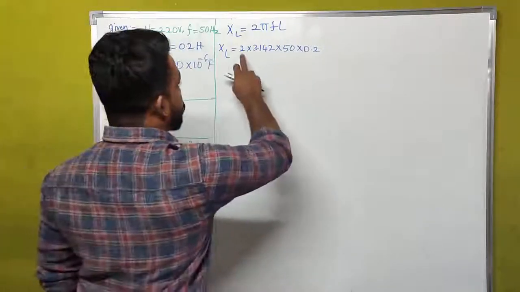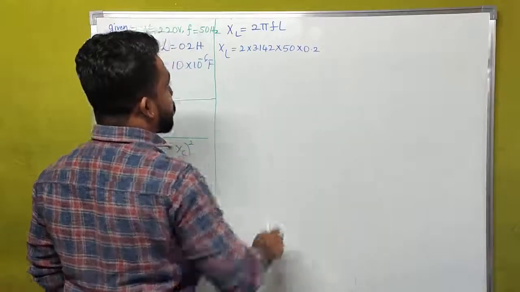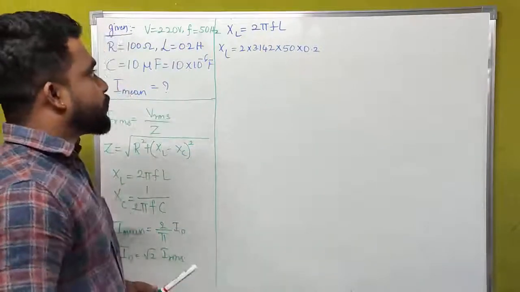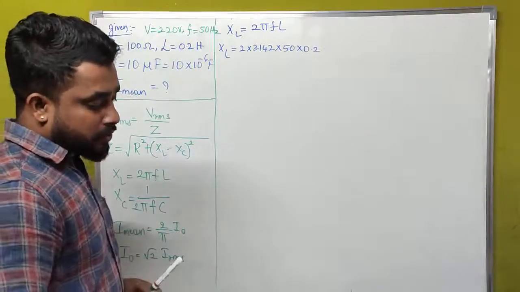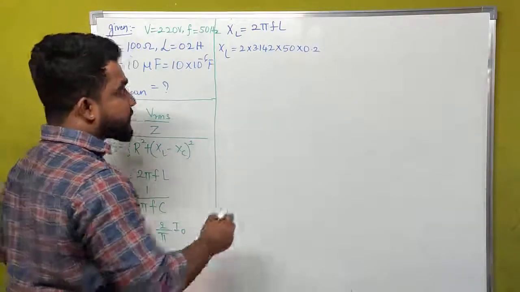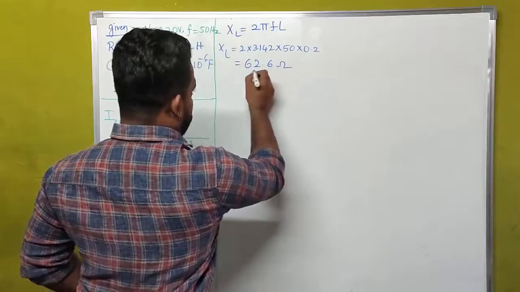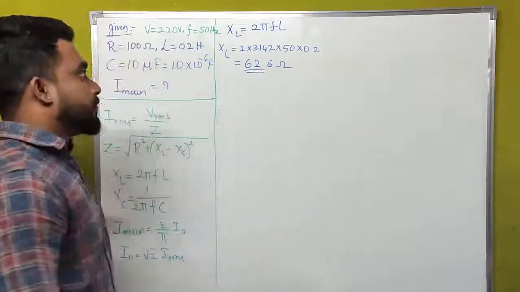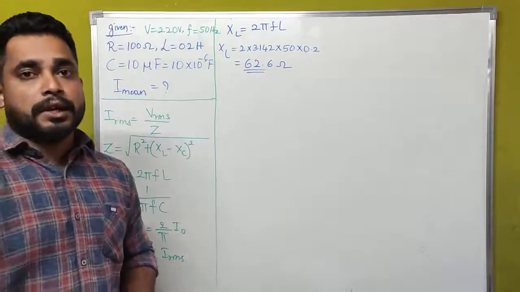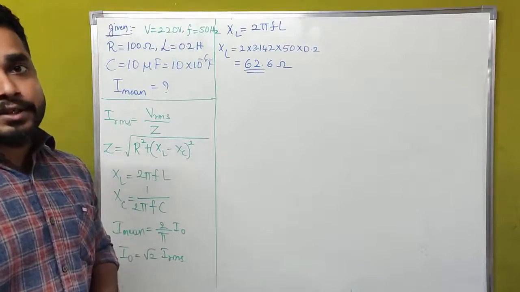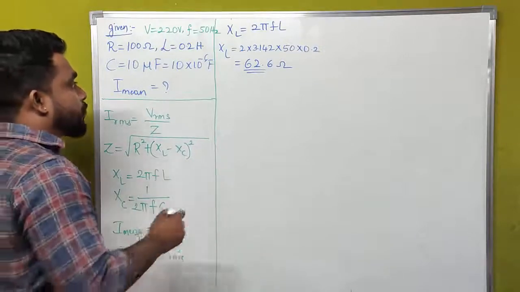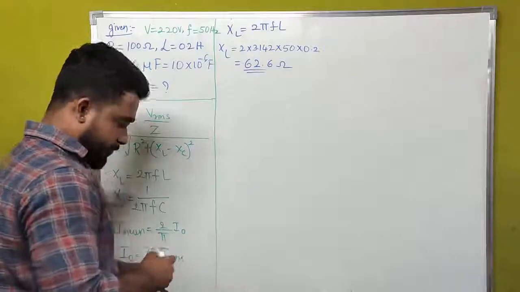Here we have 2 into 3.142 into 50 into 0.2. If we multiply all those, that is approximately equal to 62.6 ohms. The value of inductive reactance is 62.6 ohms.